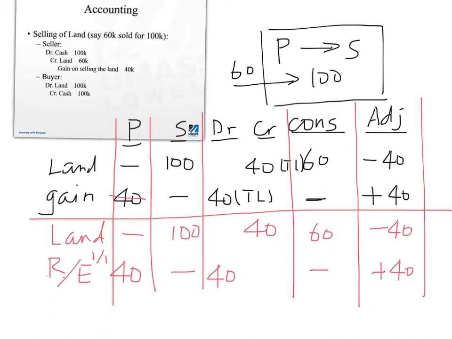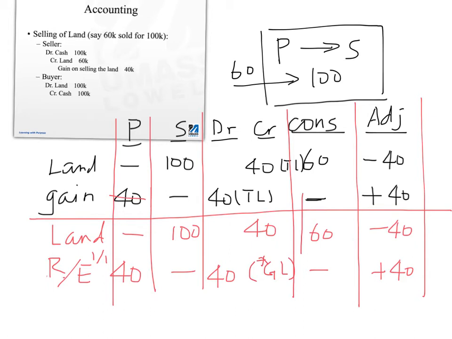This entry is called GL star, which means it comes from previous years. Now, we go back to our original point when we talked about intra-entity inventory sales. The direction actually matters. So we need to know the direction of the sales to determine the star GL, which is the gain of selling of land from the previous year.